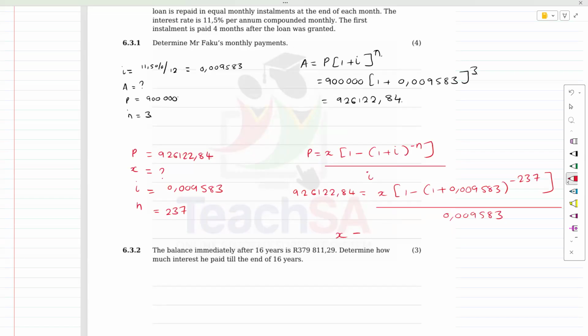And the final answer of X is equal to 9,000. You guys can solve this. This is also in the video.